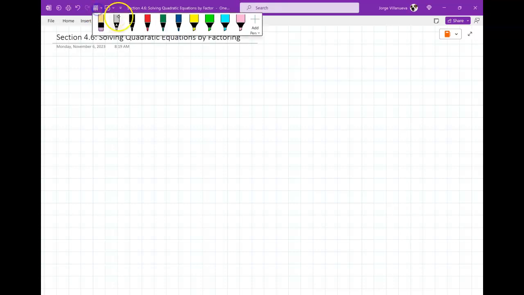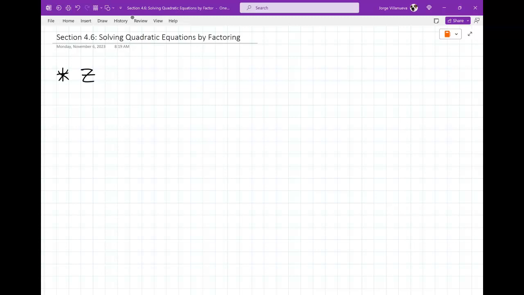But before I get into showing you examples, there's one thing you have to know, and it's called the zero product property. You've probably seen this before.